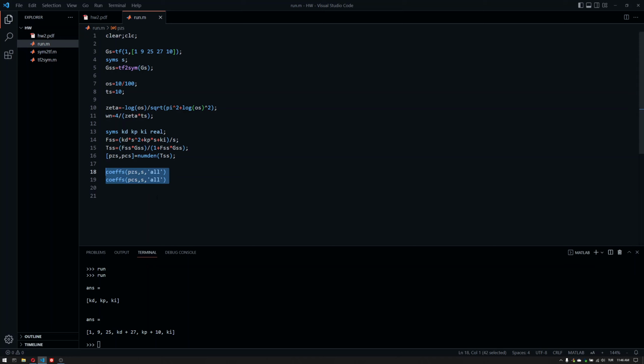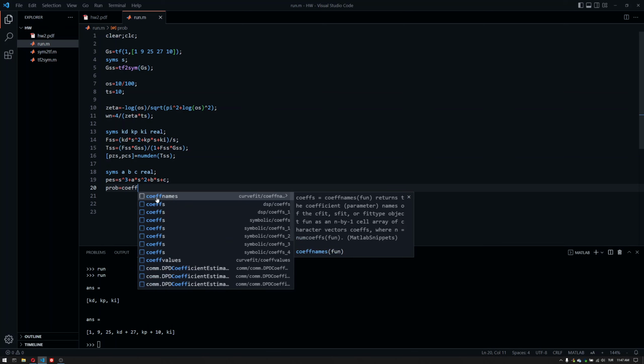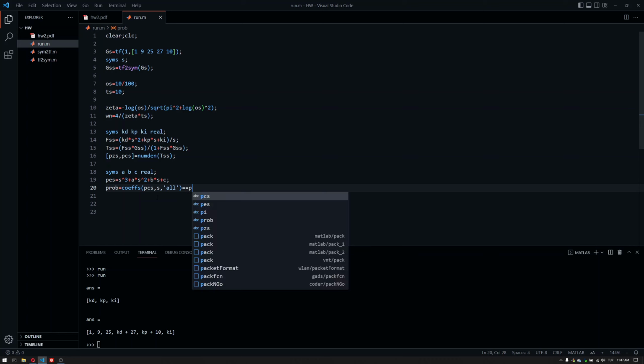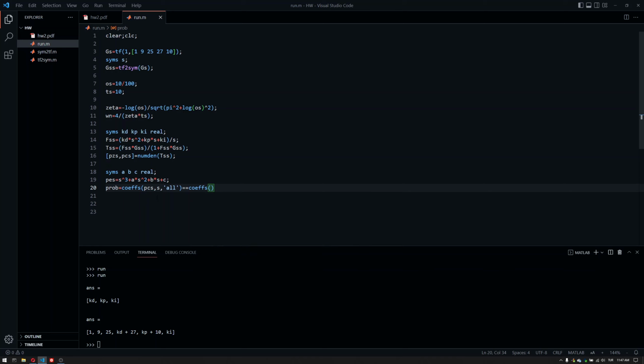So let's actually do that. Since we have a fifth order characteristic polynomial, let's define A, B, C, I guess. Let's call them real. And define the residual polynomial here, A times s squared plus B times s plus C. And the problem is, as usual, get the coefficients of PCS and equate that to the coefficients of PDS times PES, all the coefficients.